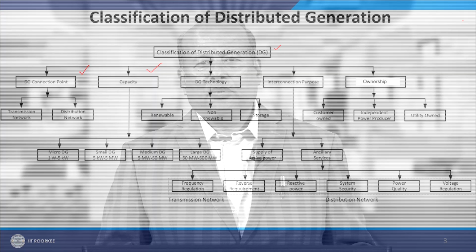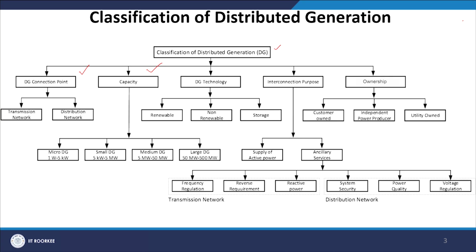Many times we are a bit confused about which is a small DG and which is a large DG. There are many terminologies used during technical discussions. One category is known as micro DG, small DG, medium DG, and large DG. Micro DGs are those distributed generations having a rating or capacity varying from 1 watt to 5 kilowatt.